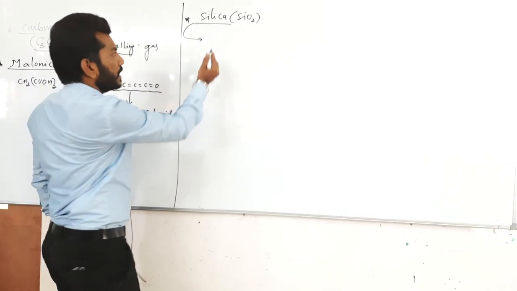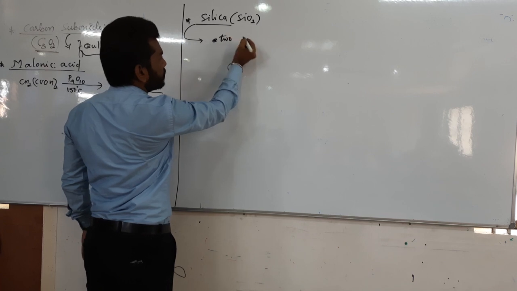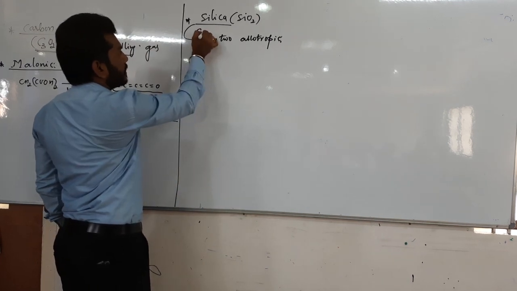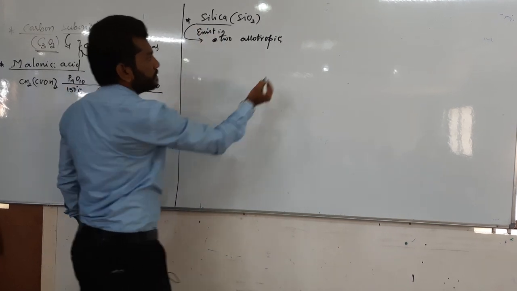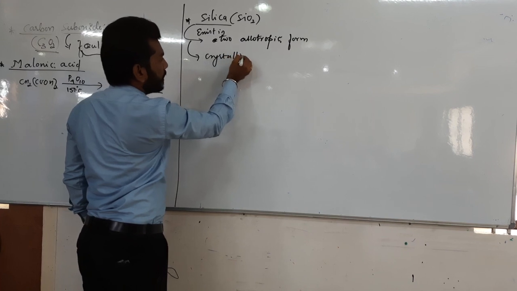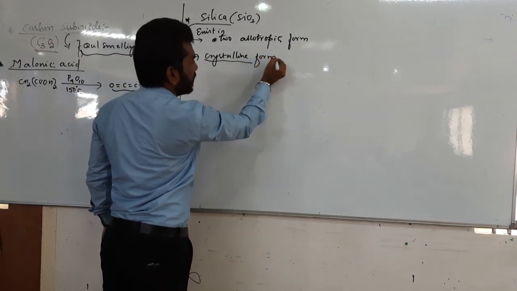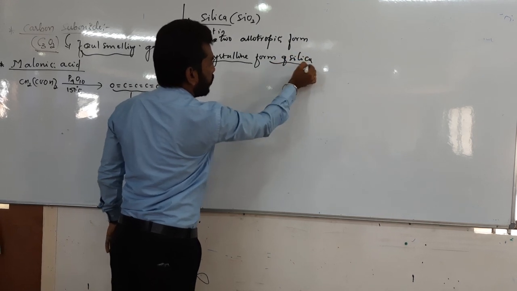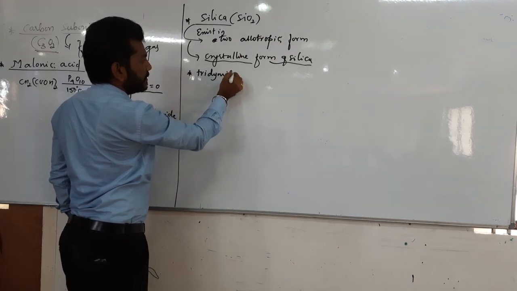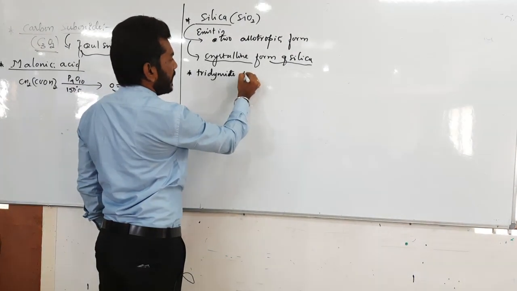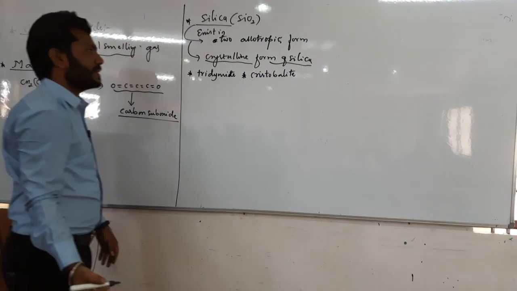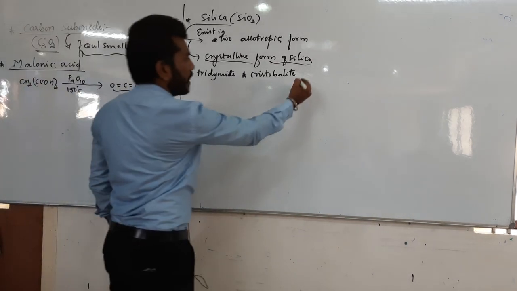The crystalline forms of silica are tridymite, cristobalite, and quartz.